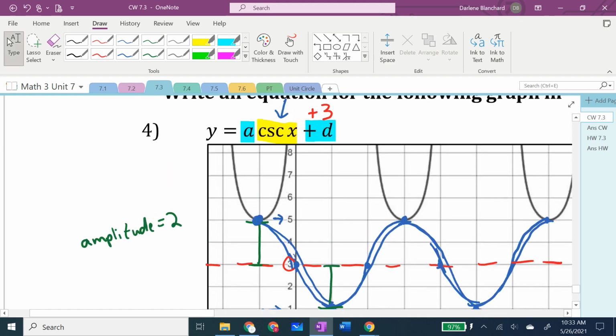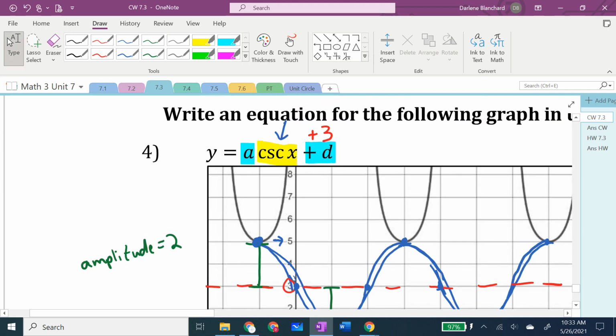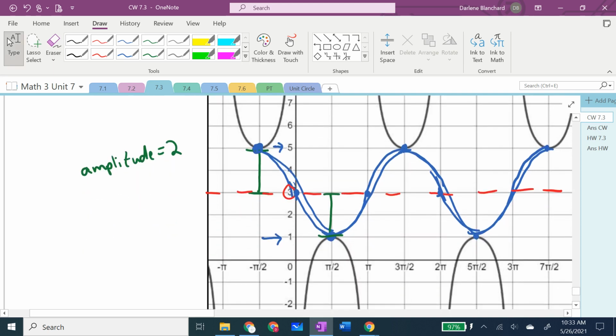If I have to stretch my sine graph by 2 to create that amplitude, my cosecant graph also has to multiply by 2. But there's one extra little catch. Do you see that this is a sine graph that is upside down?